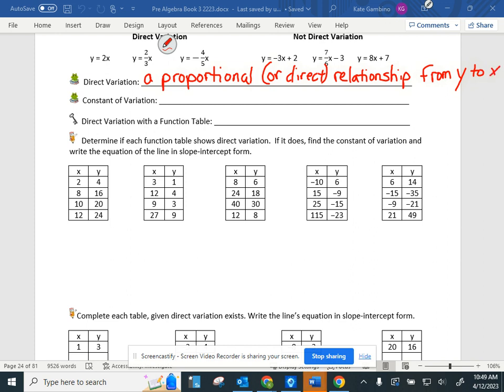The constant of variation is y divided by x, which is the same as saying the slope of the line.